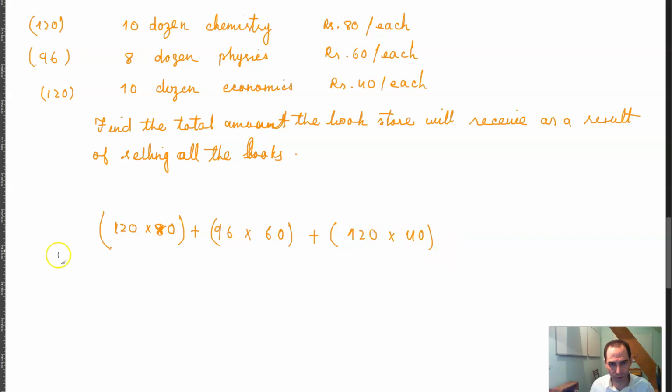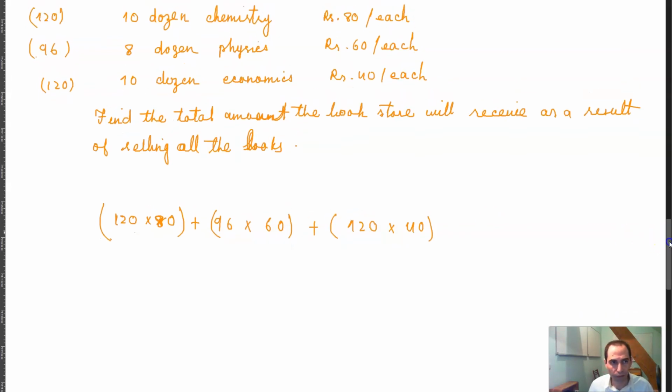That is the total amount that the bookstore will receive. So it's obvious that we have to have a column matrix and a row matrix, because in the end we are supposed to end up with a 1-by-1 matrix. So it's just the same as the previous question that we had.